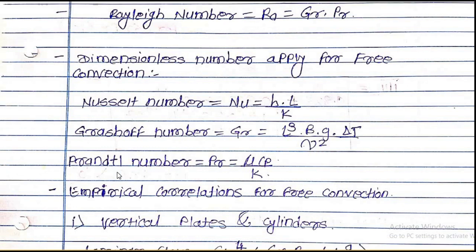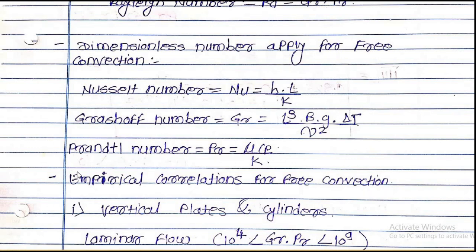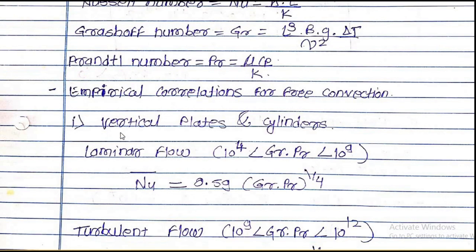So we have to use some empirical correlations to solve the problems related to natural convection. Actually, we know that the Nusselt number is a function of Grashof's number and Prandtl number, and one new form of dimensionless number we have introduced in natural convection is Grashof's number multiplied by Prandtl number, called the Rayleigh number.